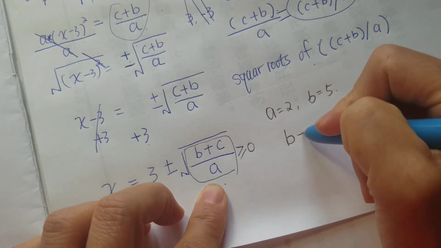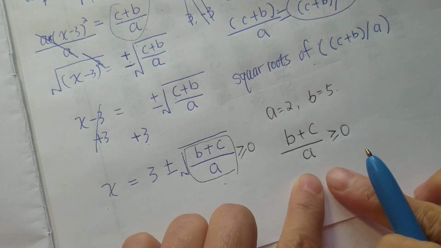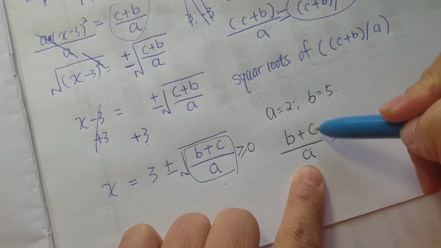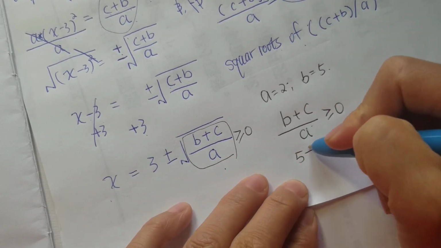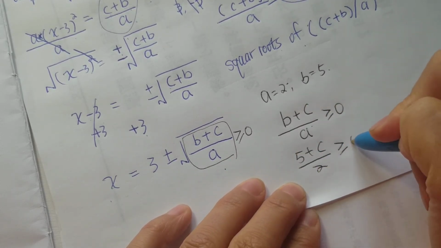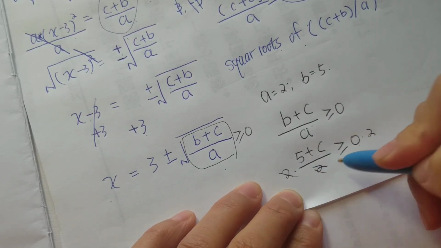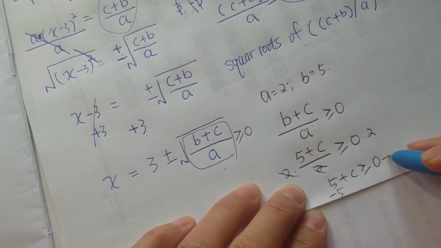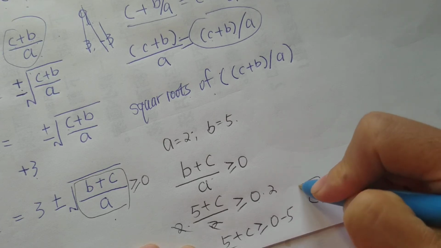Therefore, I can rewrite the question as only the part under the radical greater than or equal to 0. Now substitute a equals 2 and b equals 5. You have (5 plus c) over 2 greater than or equal to 0. Multiply by 2 on both sides. You have 5 plus c greater than or equal to 0. Minus 5 from both sides. You're going to have c must be greater than or equal to negative 5.